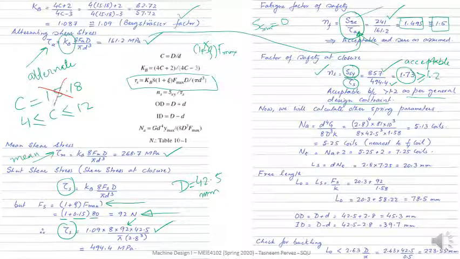No. But do we have a choice? No, because we want to do all the calculation using the wire diameter of 2.8. We are using the wire diameter of 2.8.